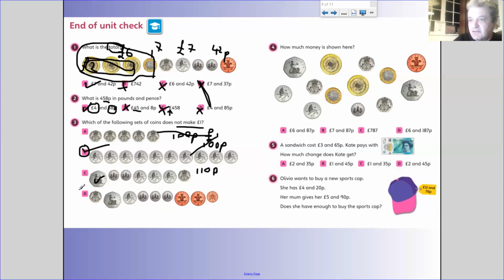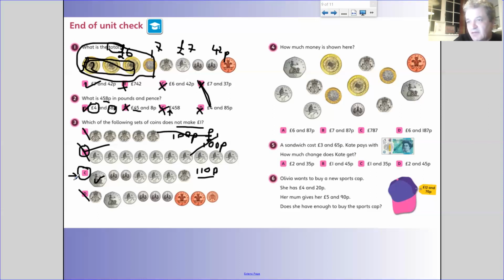So D, B, and A, those 3 sets of coins, all were equal to £1. Our set of coins in C were equal to 110 pence, which is £1 and 10 pence. So therefore, the set of coins that does not make £1 is C.